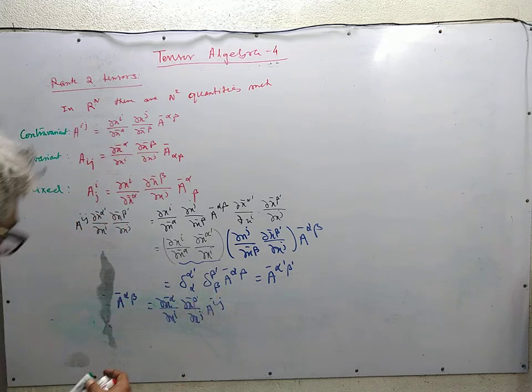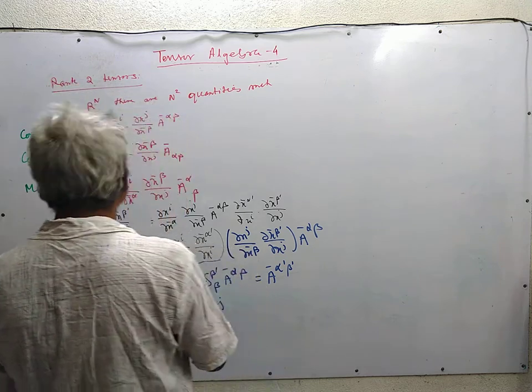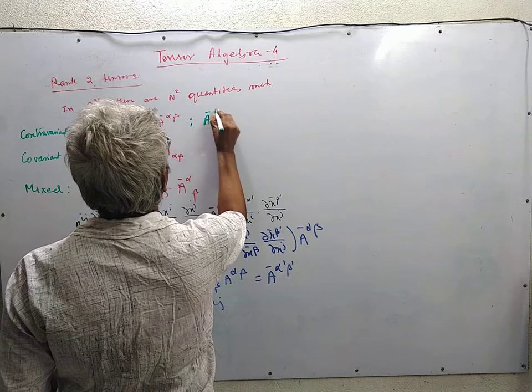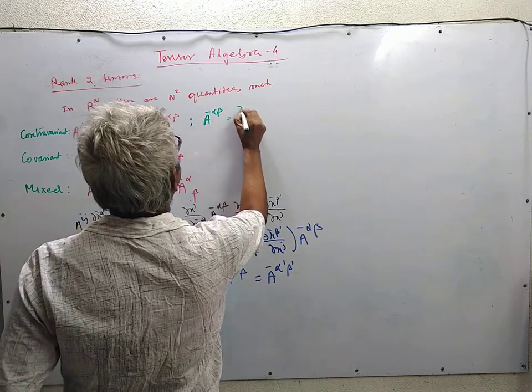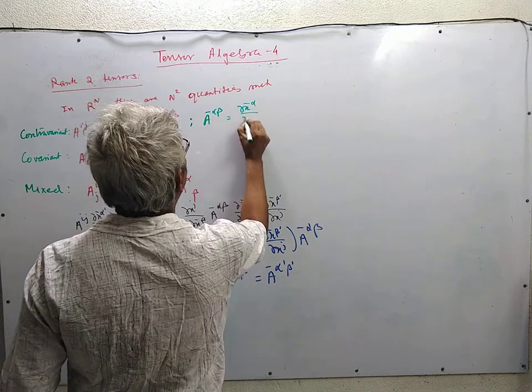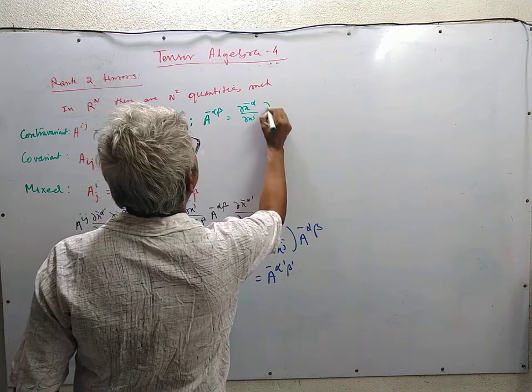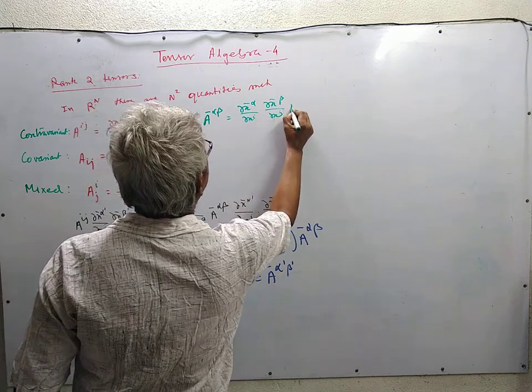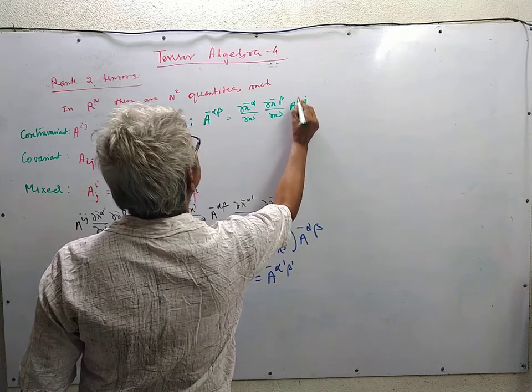So the inverse relation to this is a bar alpha beta is equal to del x bar alpha del xi del x bar beta del xj a of ij.